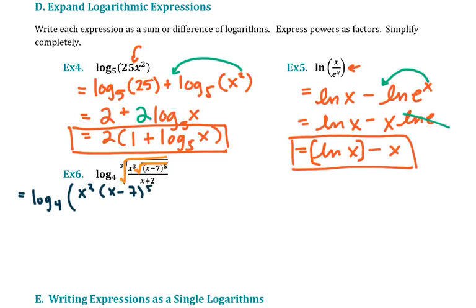to the 5th. And that to the 5th is going to be divided by 2 because that's my 1/2 power for the square root, all of which is over x plus 2. And then everything in my parentheses that was originally under that cube root is now to the 1/3 power. Okay?